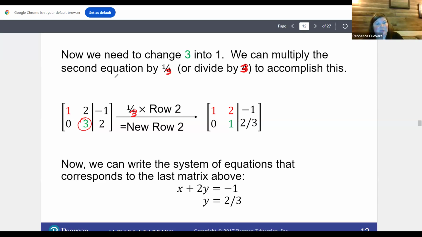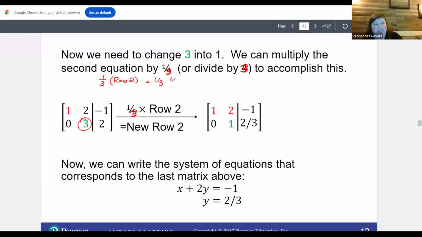So what I'm going to do is take row 2, and we're just multiplying it by a third. So row 2 was the 0, the 3, the 2. And we're multiplying that by, not 2, multiply by a third.